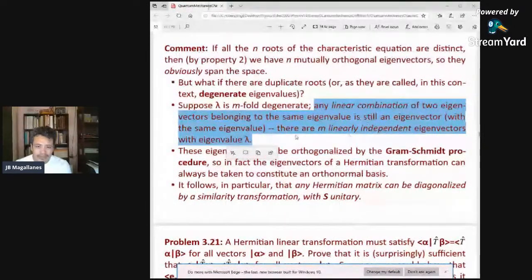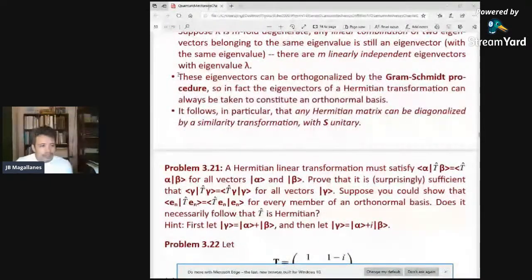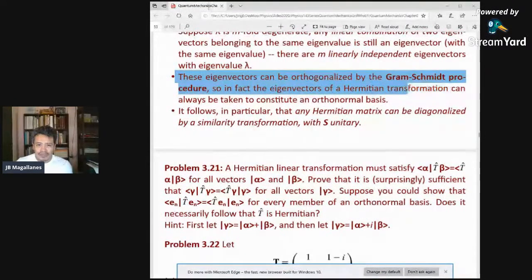You will encounter this, and if you do, because those vectors are not orthogonal to each other, you do the Gram-Schmidt procedure. This Gram-Schmidt procedure was discussed in the previous lectures, and so you'll be able to do this.